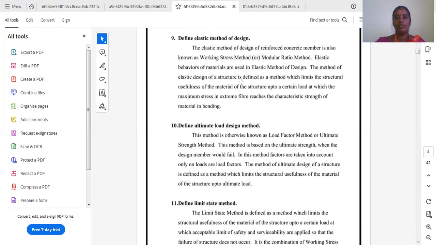So here this working stress method is like this: we consider the concrete aspect, but it is not practically applicable. But in assumption, we are assuming that concrete is an elastic material. This method is complicated and it is not economical. Nowadays, we are not using this method.